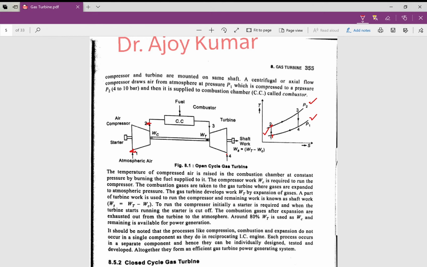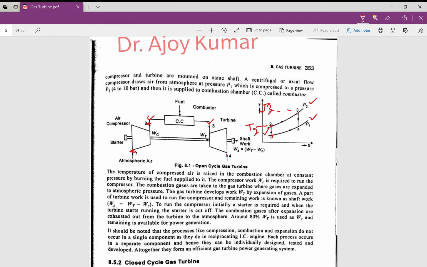Then 2 to 3, heat addition takes place, whereas temperature increases from T2 to T3. So we can say T3 indicates the maximum temperature achieved in this open cycle.